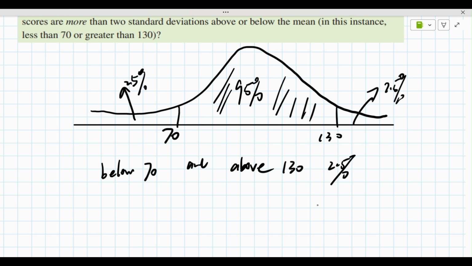If you're below 70, you will be in the bottom 2.5%. Hopefully that makes sense.